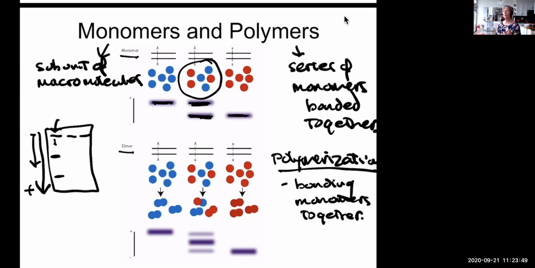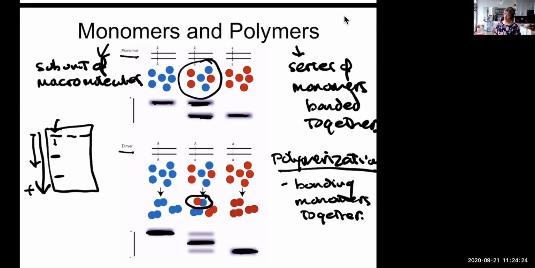Dimers are simply two monomers together, di, two. So in this case, we have dimers forming here, and we've got these dimers forming as well. But here we have an extra kind of dimer, which happens to be these molecules together. So now we know that the blue monomer can bind with the red monomer in this case. So it's just a method of finding out what kinds of molecules we have.